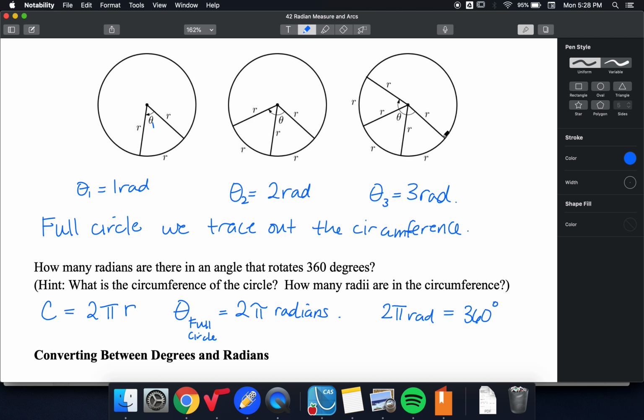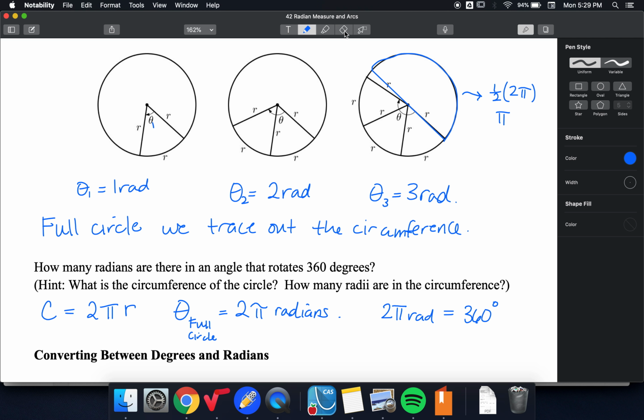Typically, we use half a circle. So I know in half a circle, I'm going to trace out half a circumference. Half a circumference is going to be half of 2 pi, which of course is pi.